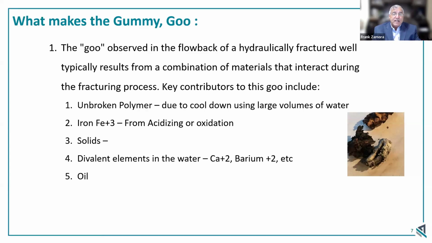After you pump millions of gallons of cold water through the formation, your cool down effect is going to be so significant that these breakers don't really kick in. They don't activate until you reach bottom hole temperatures of about 120 degrees F. So without the breaker, the oxidizer actually kicking in to help break some of the polymer backbone, we basically have unbroken polymer.